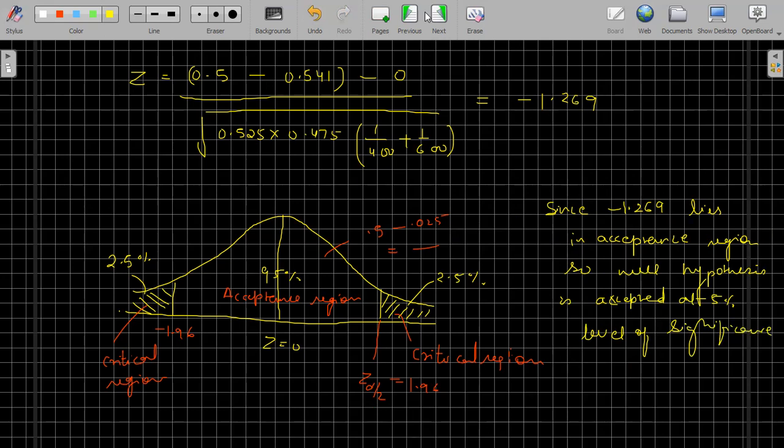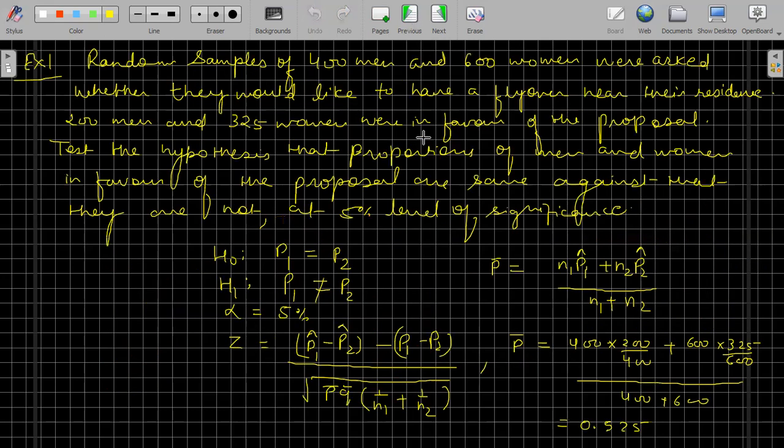The null hypothesis, what was it? That there is no difference in the opinions of men and women having the flyover near their residence.